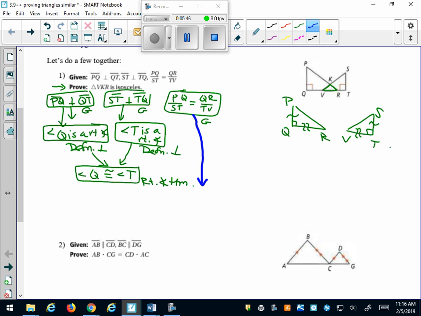We were able to take that one given and mark all these squiggles. So it's actually only one arrow from that box that takes into account both S's, and then an arrow from here. Now we can say the triangles are similar. Triangle PQR is similar to triangle, sorry, STV. SAS similarity.